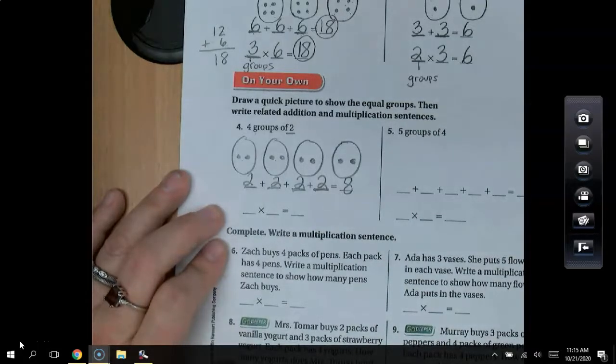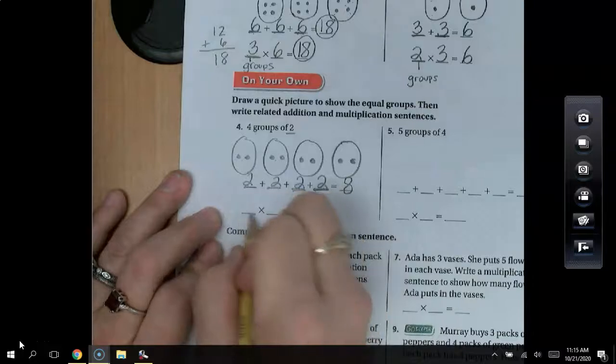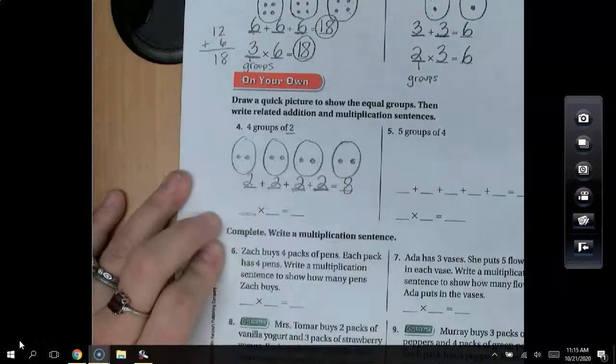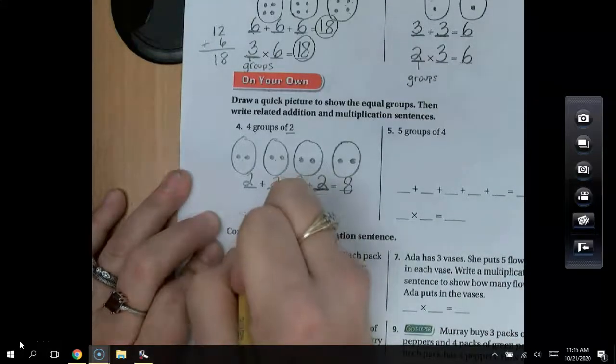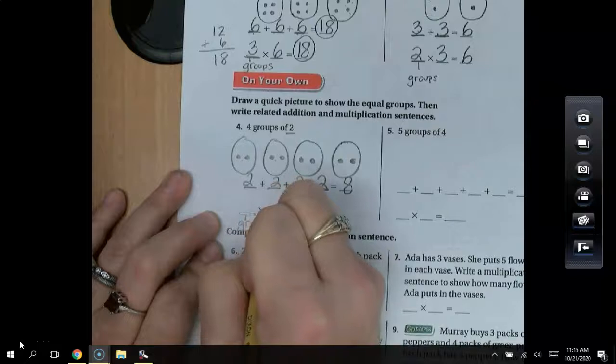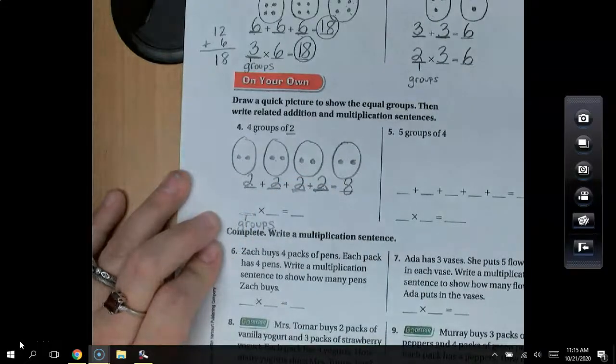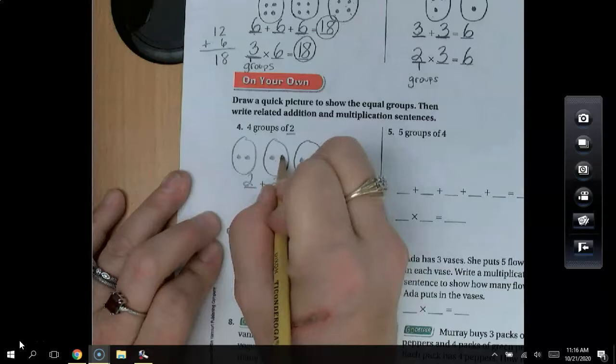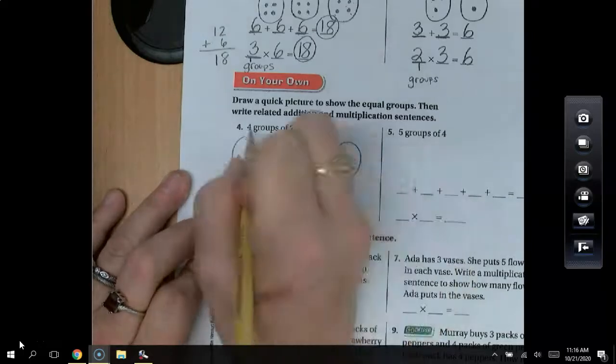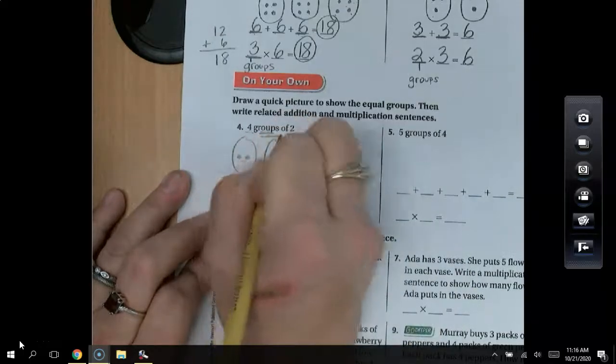How would I set up my related multiplication problem? Do you remember what this first factor is? If you said that it's a number of groups, you are correct. How many groups do we have? 1, 2, 3, 4. Plus it tells us 4 groups.